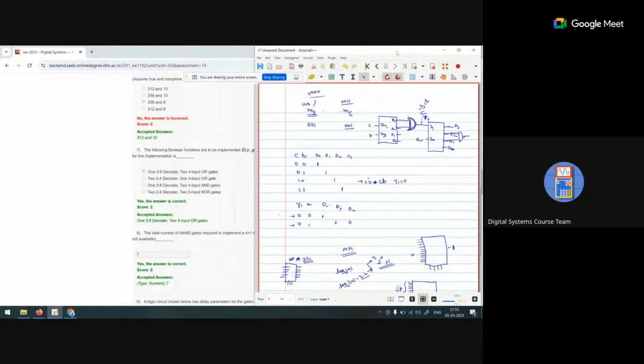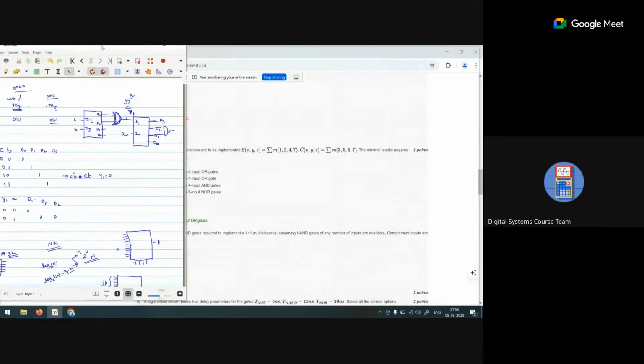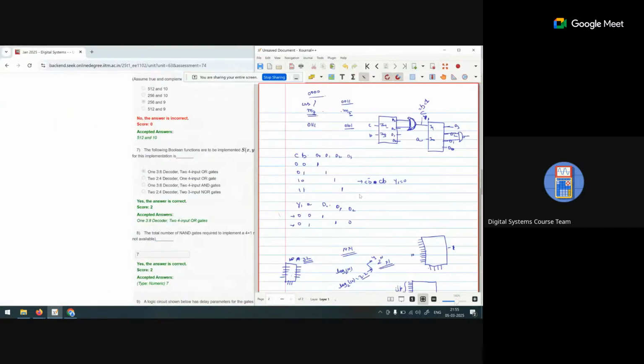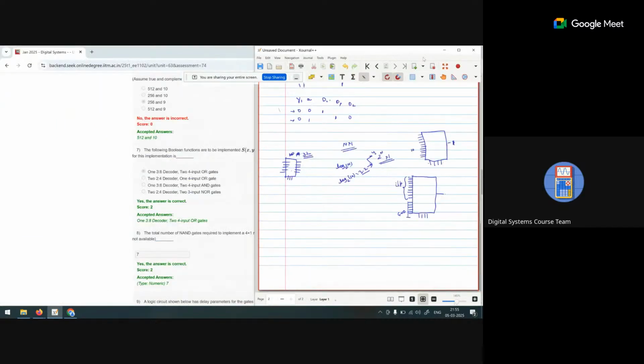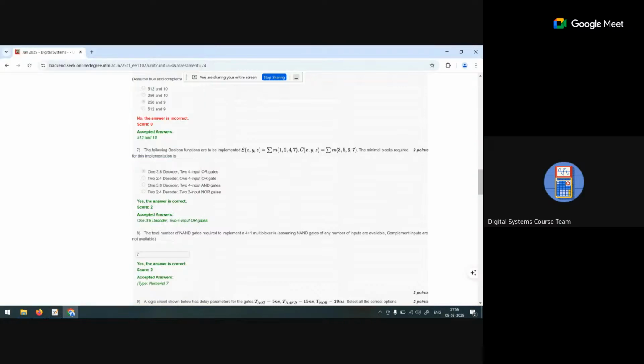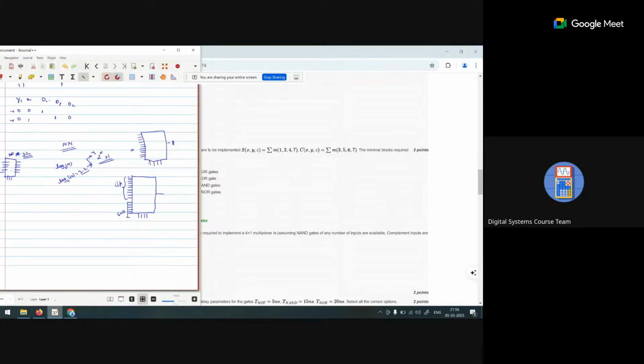You have to implement this. First of all, check the maximum size of the minterm that is required. If you go with the question, you see that M7 is available.